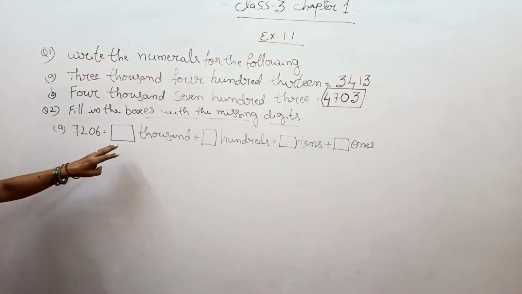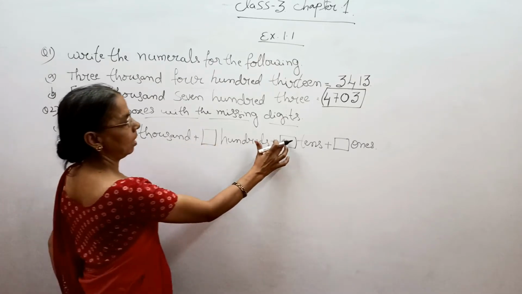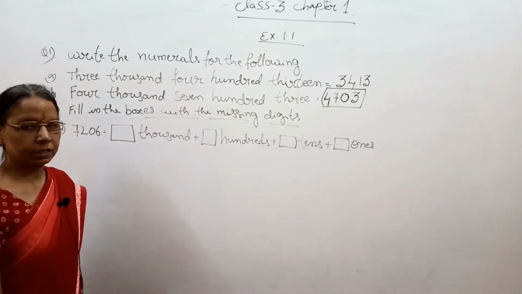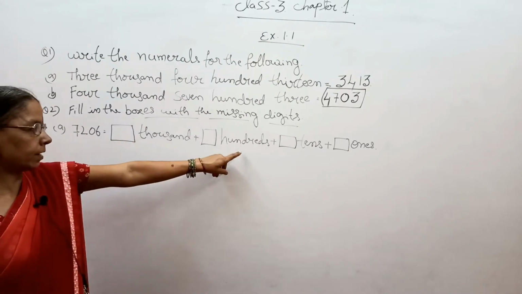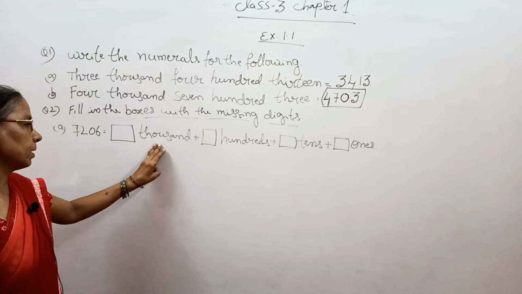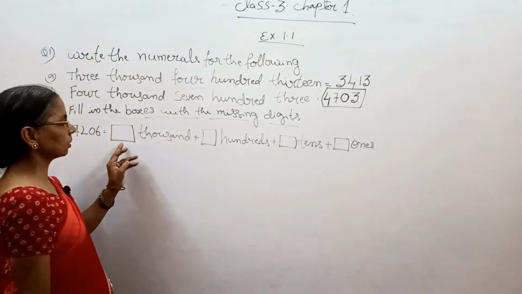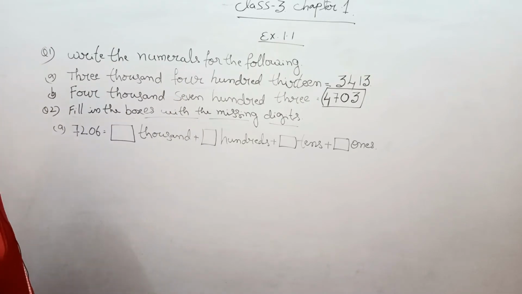Like this, the question is given. In this, these boxes are to be filled. The boxes which are given before the number, before the thousands, hundreds, tens and ones, the boxes will be filled by us.